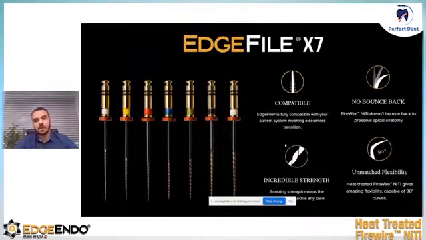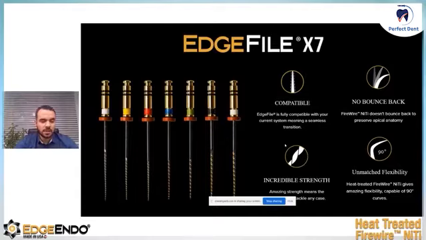So in such cases, I prefer using CM files, controlled memory files. One of the unique files which works perfectly in my hand is the Edge File X7. Edge File X7 has a unique property. It's made from 5-wire NiTi alloy. The shaft is flexible, which allows me to be minimally invasive in preparation, or when I make the access cavity as small as I can, to enter the file from small orifices to shape the canal.